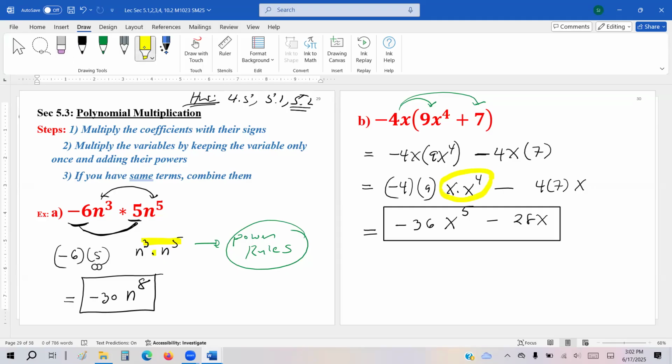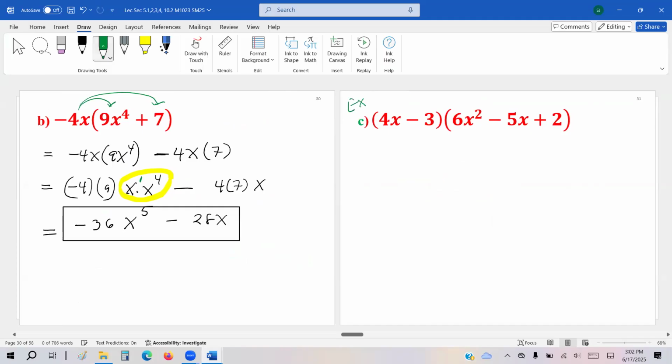In multiplication, what do you do with the powers? Add them. This one has an invisible 1, so you get 1 plus 4, which is 5. Even though you multiply, you still have to combine the coefficients and observe the powers. In addition and subtraction, we only observe them, but in multiplication, we use the exponent rules we learned to combine them.